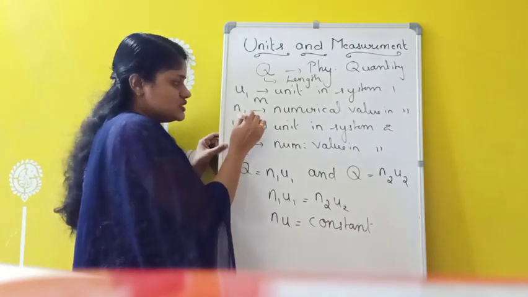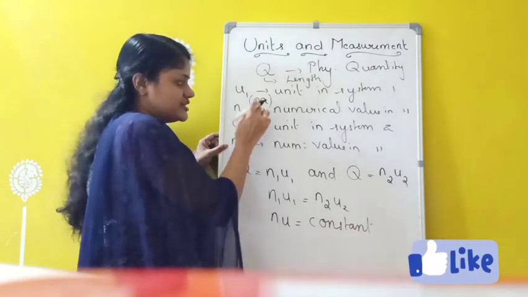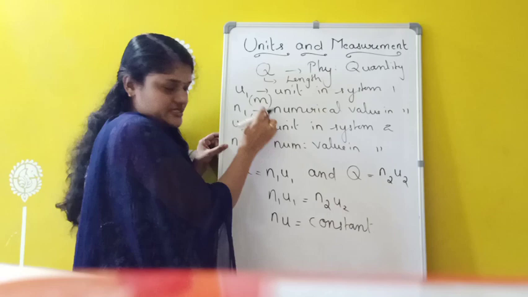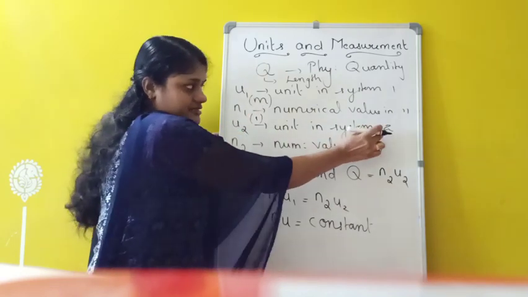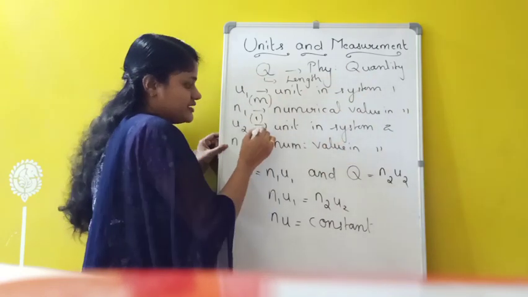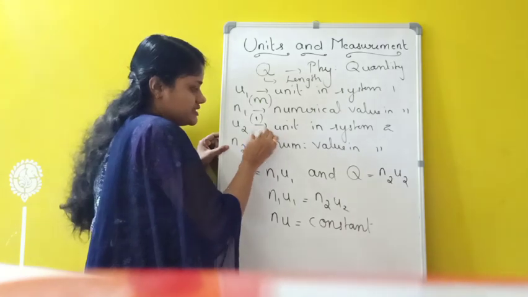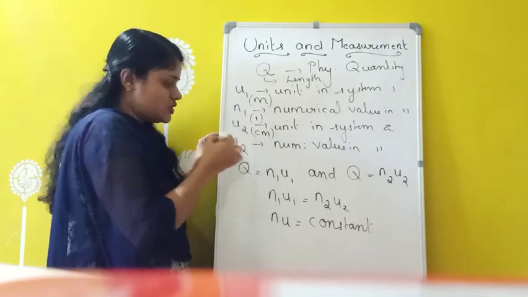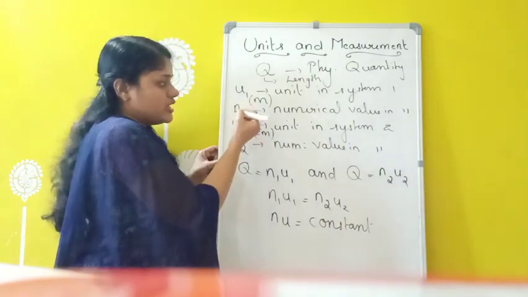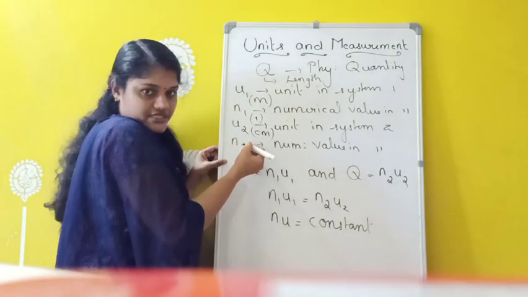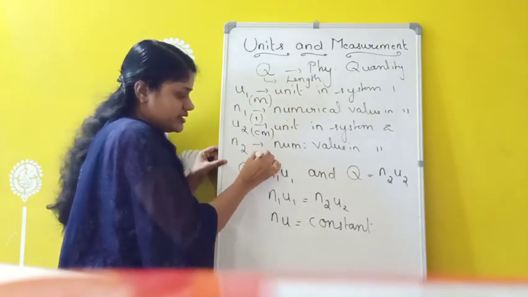In system 2, I am taking the unit of length as centimeter. And we know 1 meter equals how many centimeters? 100 centimeters. So the numerical value here will be 100.